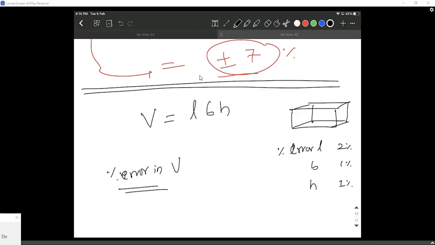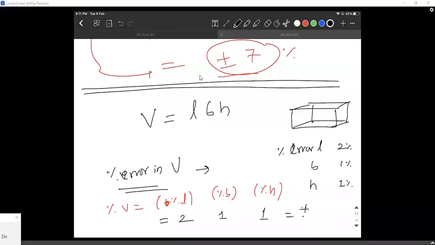Anybody? Yeah, he already gave the answer. It is very simple. You simply add: percentage error in V equals percentage in L plus percentage in B plus percentage in H. So all you have to do is 2, 1, 1, which is plus or minus 4%. It is as simple as this.